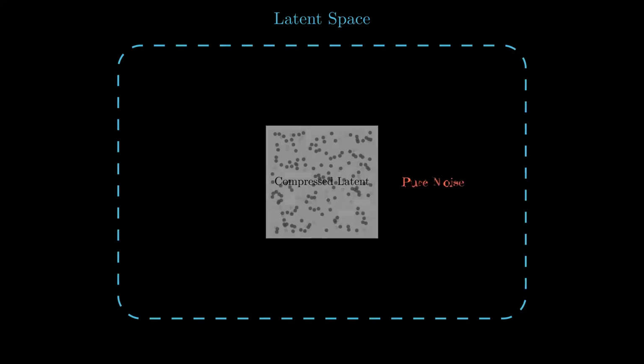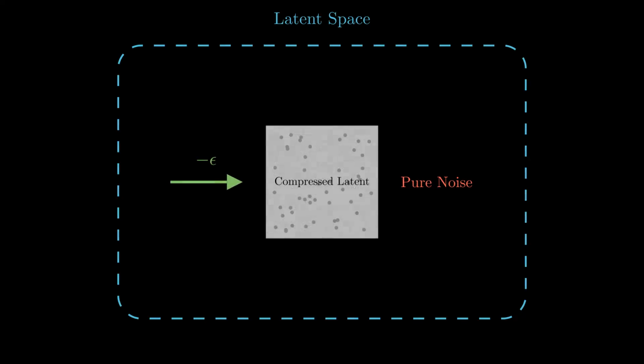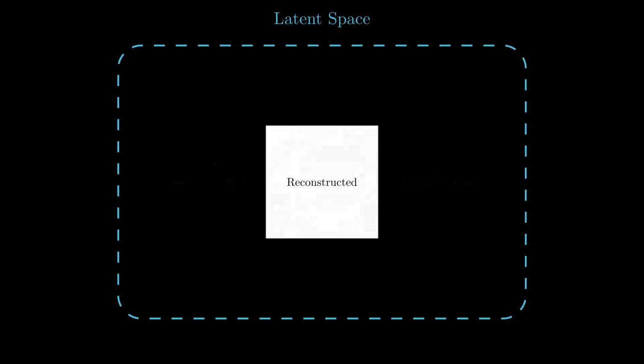We keep adding noise until the meaningful structure is completely destroyed, leaving us with pure, random static. But the magic of generation lies in reversing this. The AI model looks at the static, predicts the noise pattern, and subtracts it. Step by step, it peels away the chaos to reveal a clean, reconstructed latent pattern, ready to be turned back into a visible image.